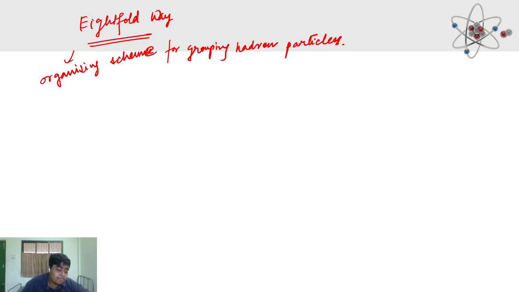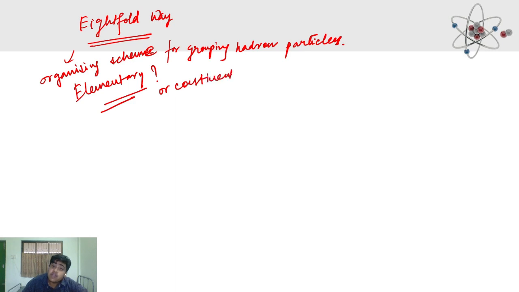Now, a question arises whether all of these particles are elementary or not. Are these elementary? Or are they made up of constituent particles?